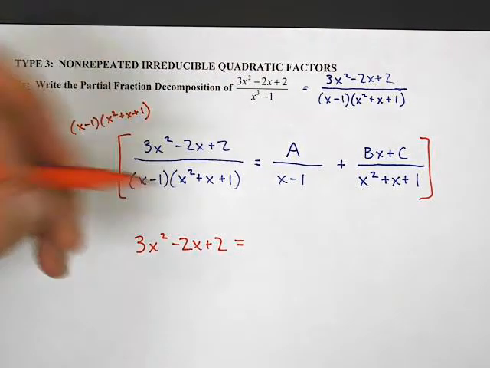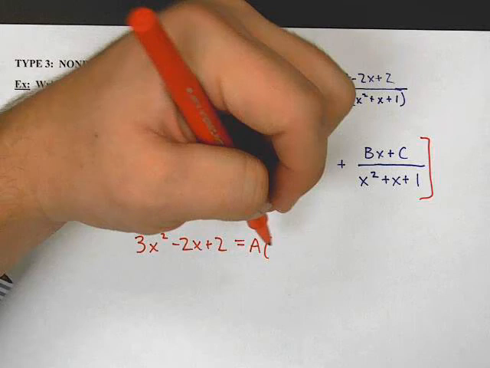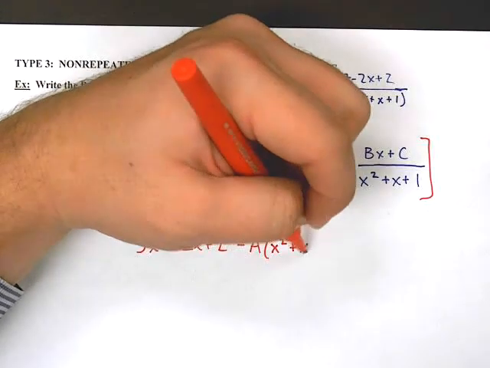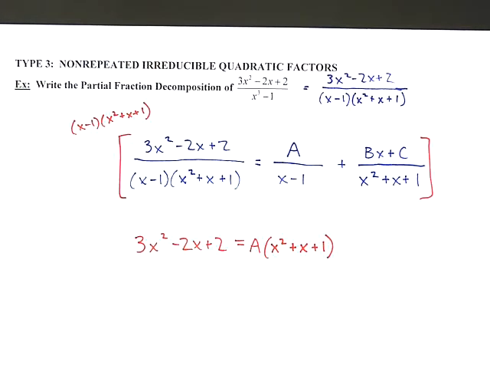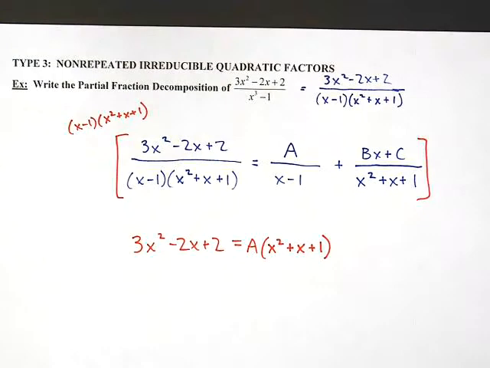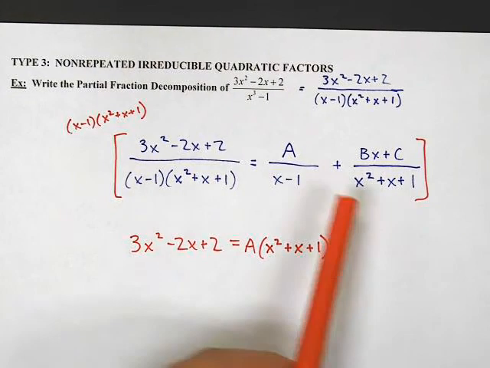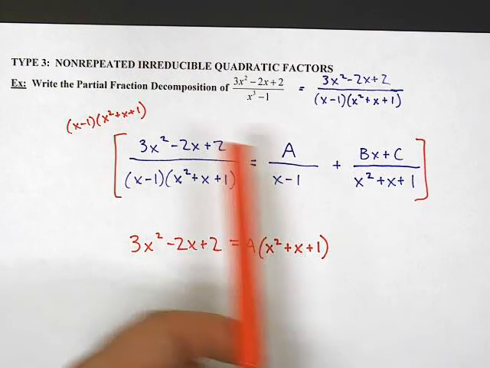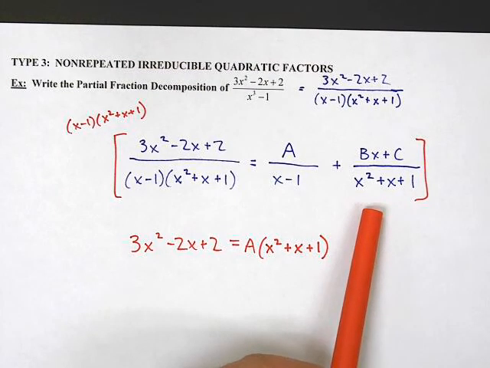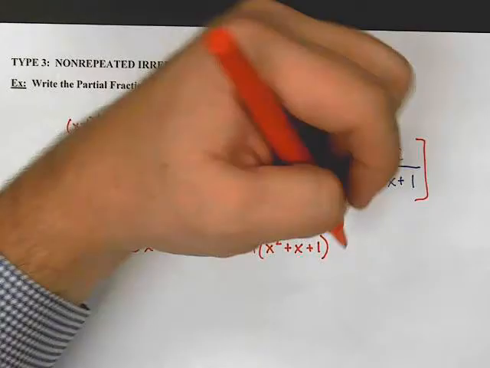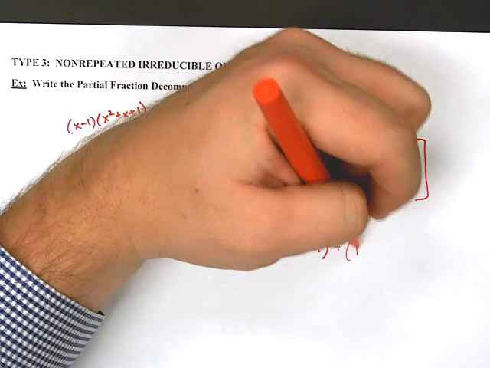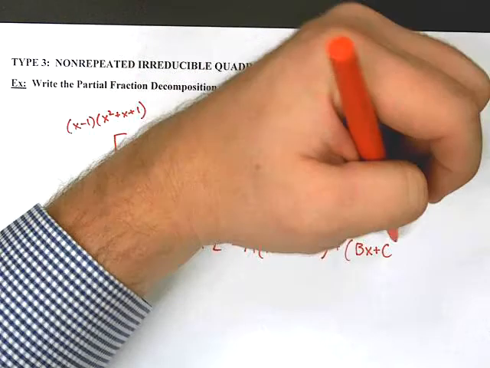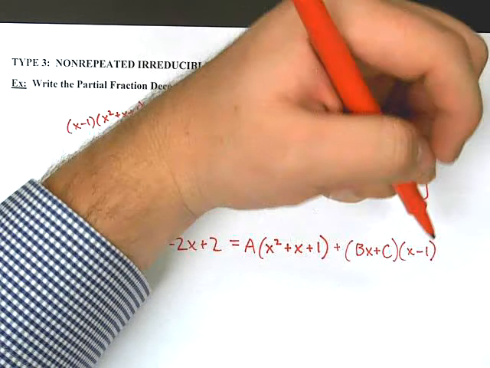The x minus 1s. So I'm going to have a times x squared plus x plus 1. And what's going on in this next one? When I multiply this denominator by everything here, what cancels? Well, the x squared plus x plus 1. So I have plus bx plus c times x minus 1.